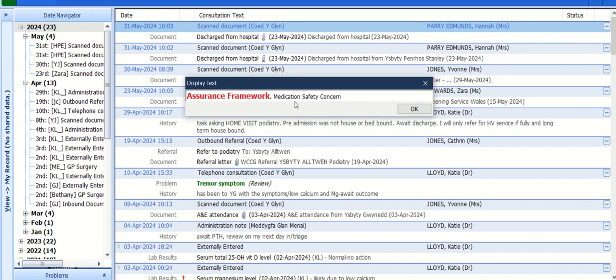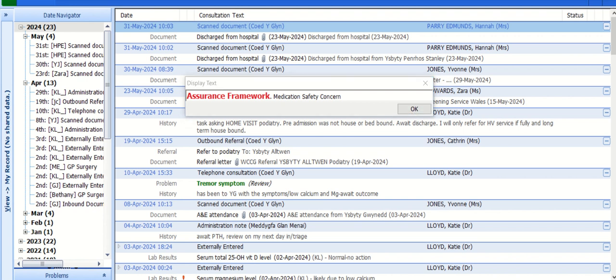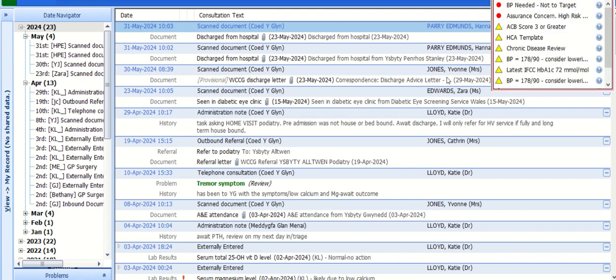This doesn't warn if there's just an ACB score of 3, although there is also a little alert for that. If I open up this patient's record, you can see it's flagging up an assurance concern. You can't see the boxes where I'm hovering, but it says the anticholinergic burden score is over 3 and there's a recent history of falls or confusion. When you hover over the ACB score, it tells me that's for mirtazapine and tolterodine. So it does tell you the drugs that are triggering that score.